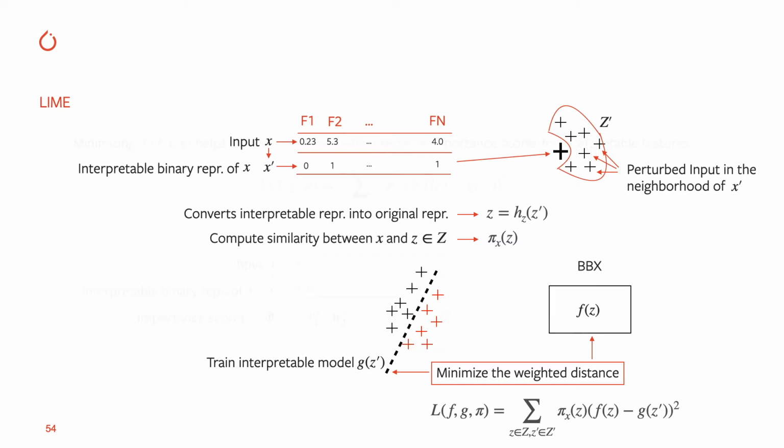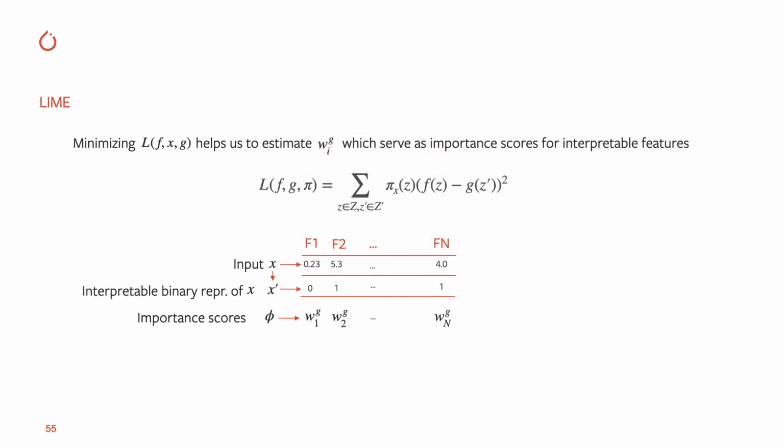When we minimize our L function, it helps us to estimate the approximation, and the minimization of the L function helps us to estimate W_i parameters for our G interpretable model, which serve as importance scores for interpretable features. As we can see, I denoted the importance scores as W_1G to W_NG for all our interpretable features.